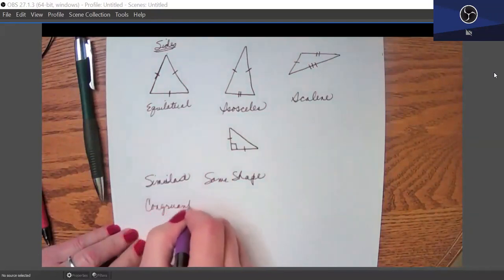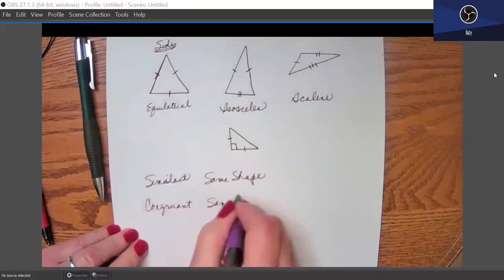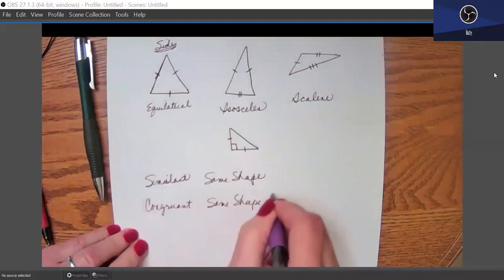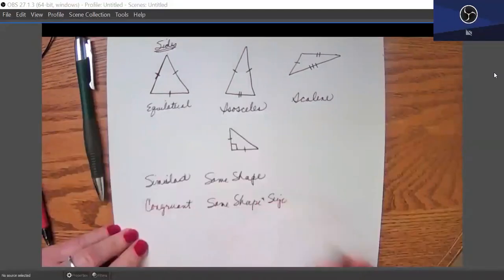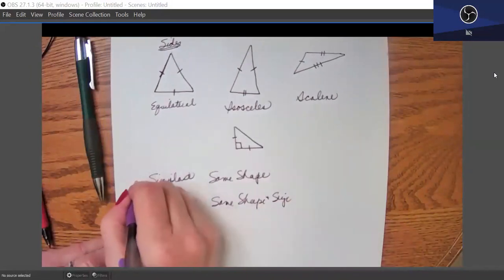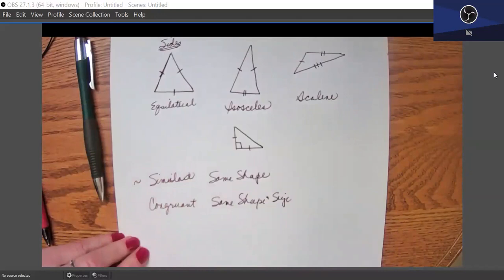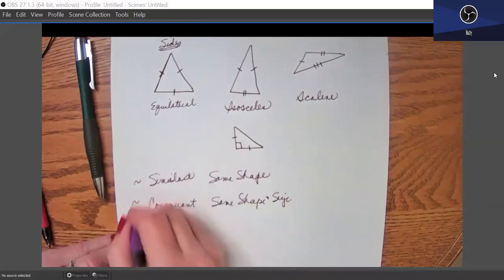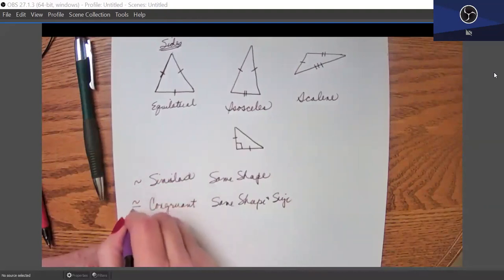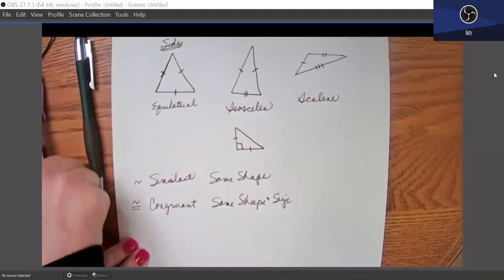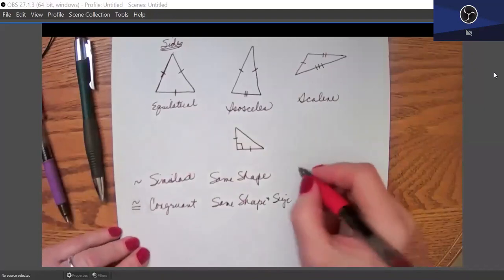Congruent means same shape and size. The symbol for similar is like a tilde. That means two triangles or two angles are the same shape. Congruent means same shape and size.